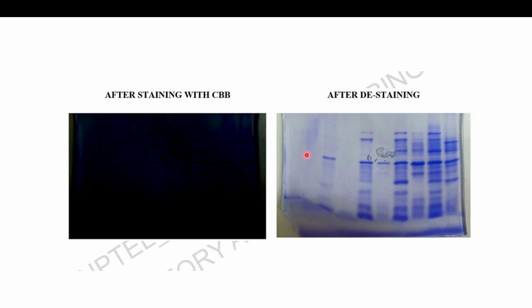The whitish part doesn't have any protein, so the dye didn't really bind, but these are the protein bands, and because of the complex formation that we talked about in the previous slide, this is much tighter, so the dye doesn't come off that easily, but in the other areas the dye comes off really fast. Then you can visualize where the protein bands are present on the gel.